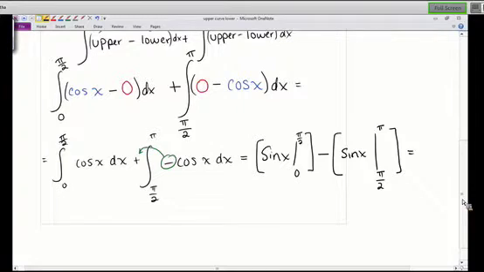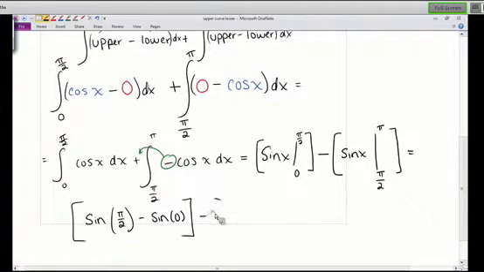With me? Now we'll evaluate. So evaluating sine x from the upper limit, pi over 2, minus the lower limit, sine of 0, and we had that in brackets, minus evaluating sine from the upper limit of pi minus the sine of the lower limit, pi over 2.